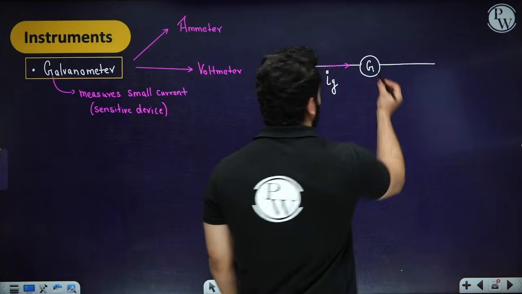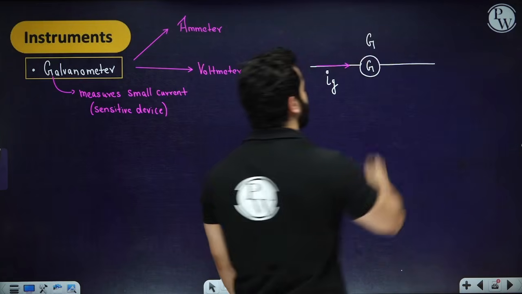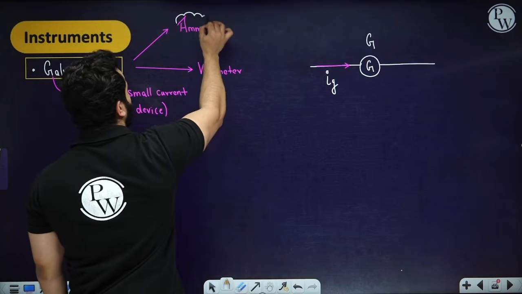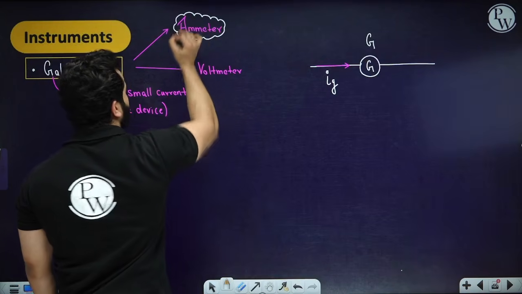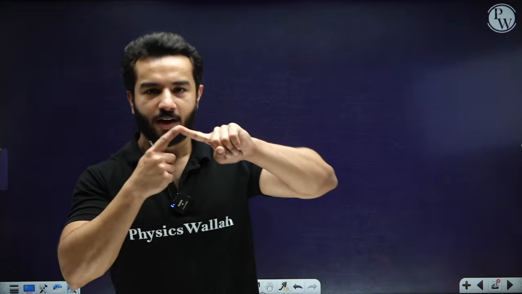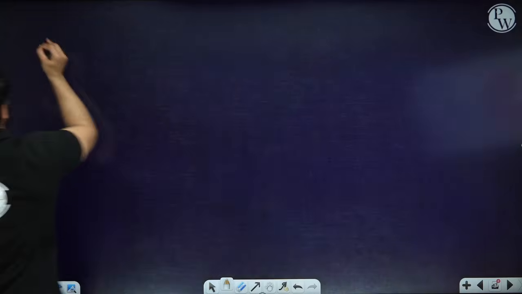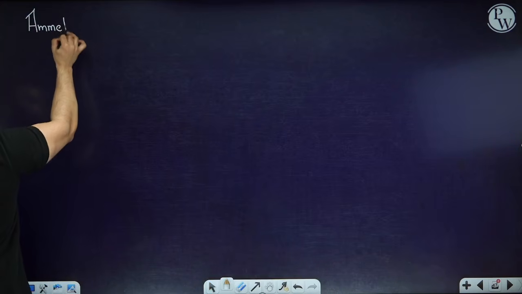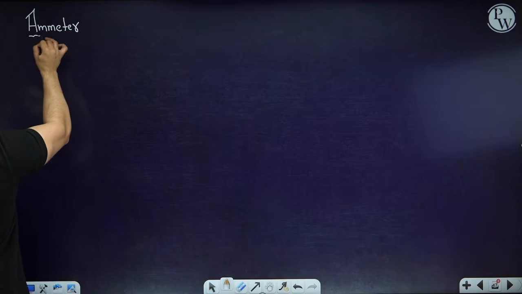The next thing is, the galvanometer also has some resistance G. Now, if you want to convert it into an ammeter, let's first understand the conversion to an ammeter. Till now, what we have learnt is that we must save our galvanometer. We want to convert a galvanometer into an ammeter.